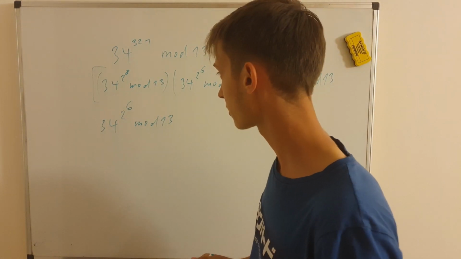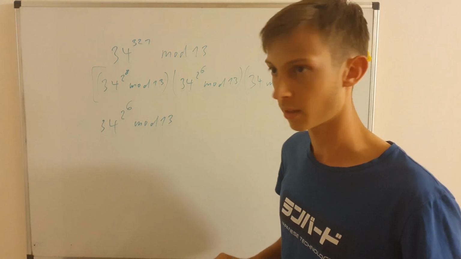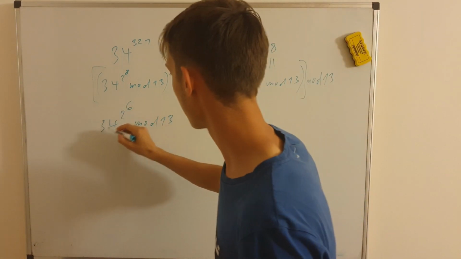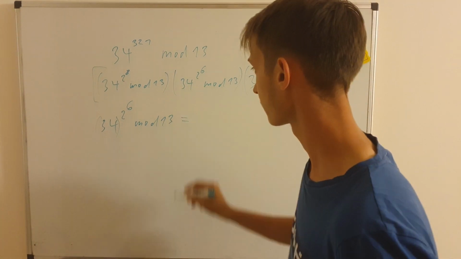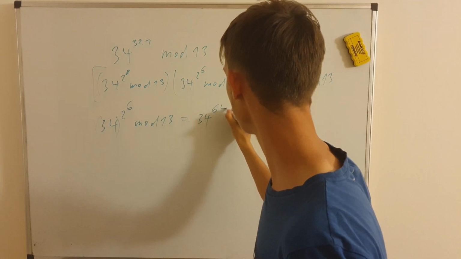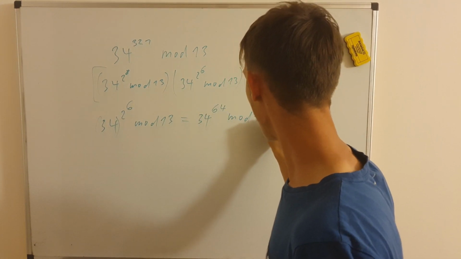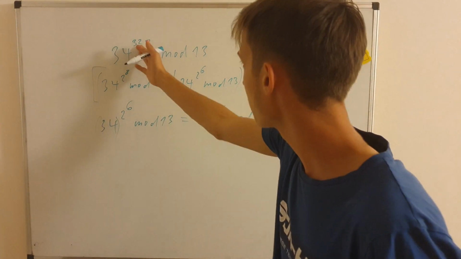That would be easier for us, but it is rather 34 and the 2 is to the 6. So it's more like this. And therefore, it is just rewritable now as 34 to the 64 mod 13. And that is still a big number. We have this 64 right there. So it's comparatively high like this one.